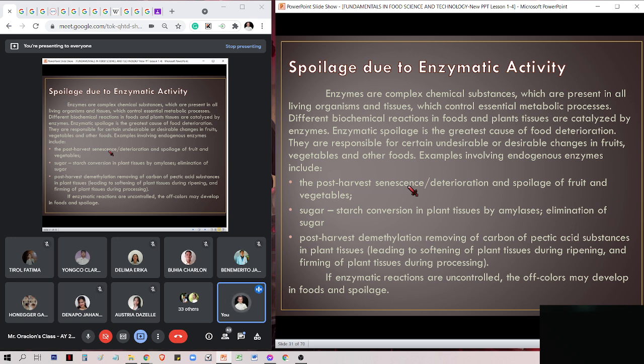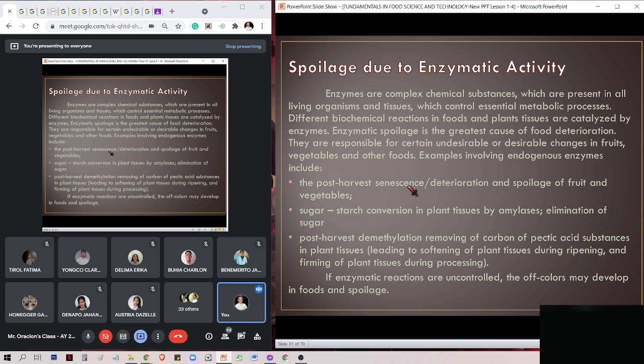starch conversion in plant tissues by amylases or the elimination of sugar. So when we are talking about it is a breaking down, okay? Break down na to ang sugar. Okay? When we are talking about sugar, okay, kaning mga starchy nga food, kini mga starchy, remember starch can turn into sugar. Okay?